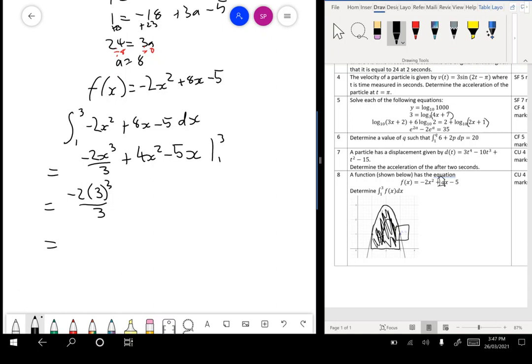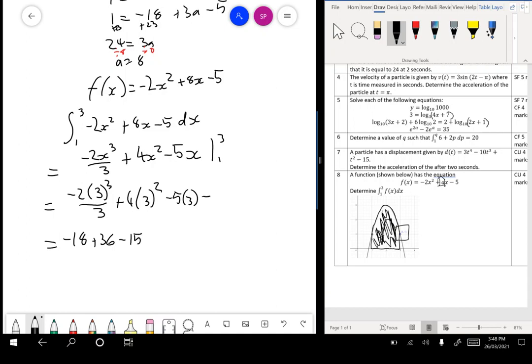So it ends up being negative 2 times 9, which is negative 18. 4x squared integrated, subbed in 3, plus 4 times 3 squared. 3 squared is 9 times 4 is 36. Plus 36. Minus 5 times 3 is 15. Minus 15.